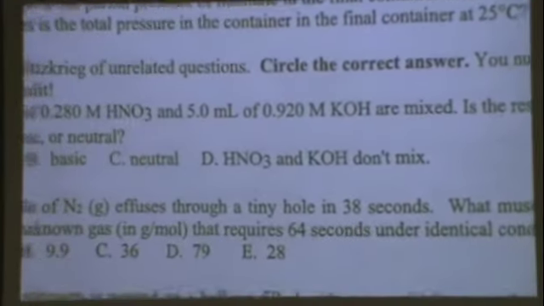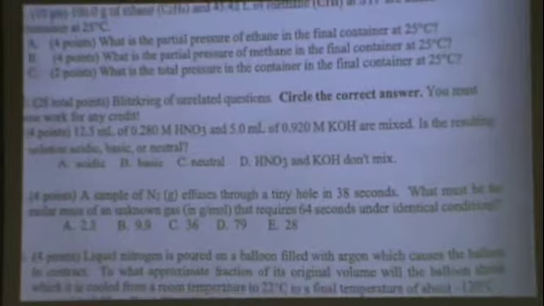Okay. Do you want me to just go through the whole solution on this? Okay. Liquid nitrogen is poured on a balloon filled with argon, causing the balloon to contract. To what approximate fraction of the original volume will the balloon shrink, which is cooled from 22 to 120? That's what I want.